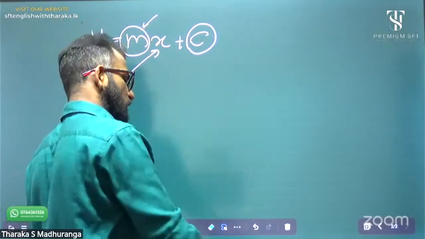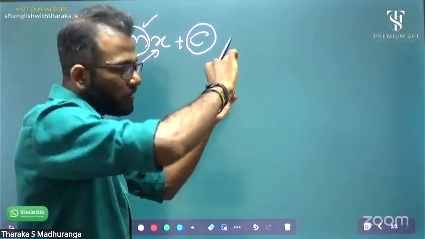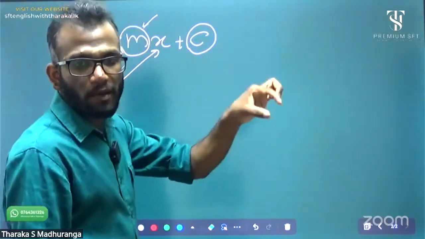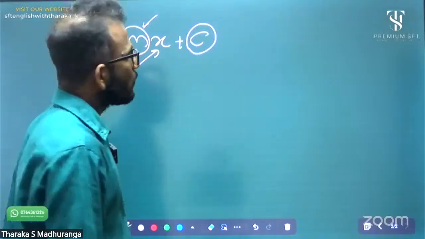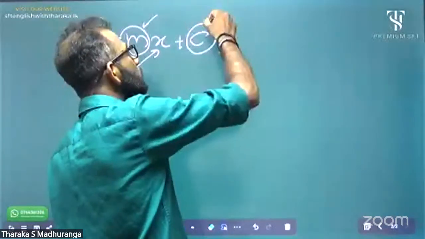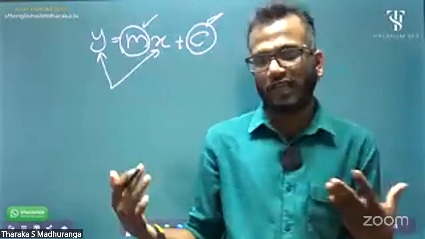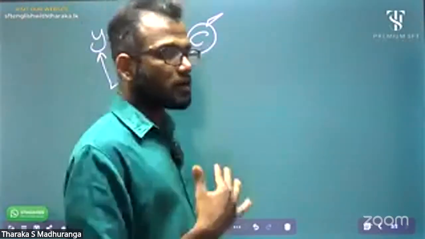The gradient means the tan of the angle to the positive direction of the x-axis, and c is the y-axis cutting point. That is very simple. We discussed several questions, and every type of exam question in linear functions is completed 100%.